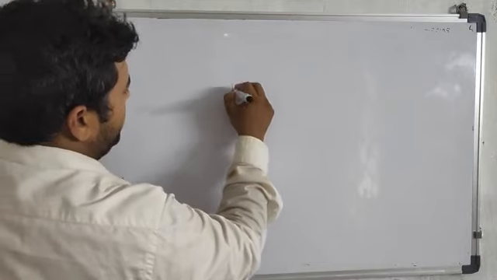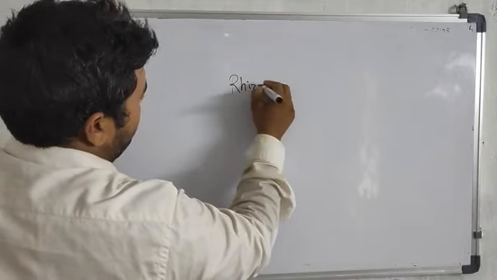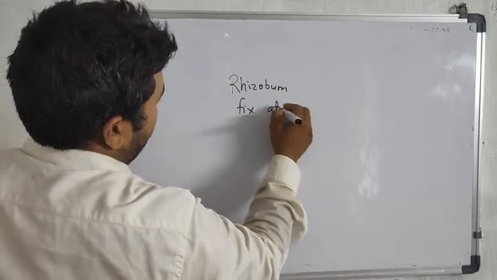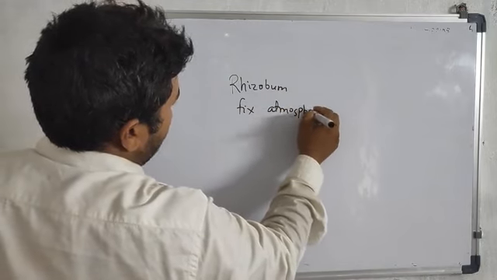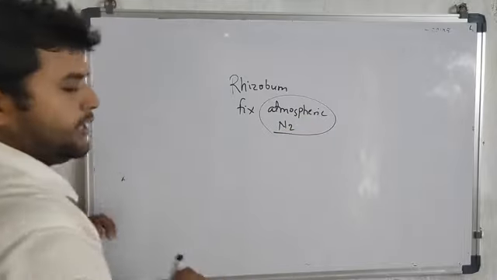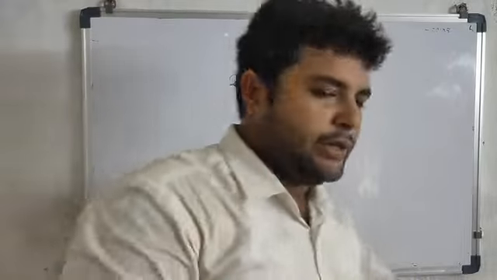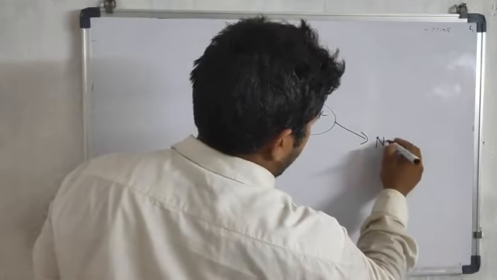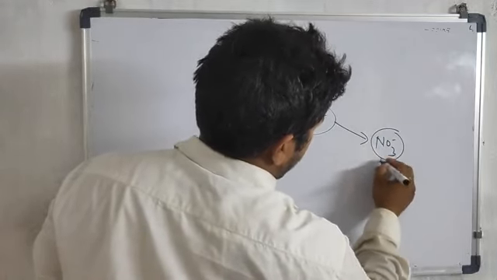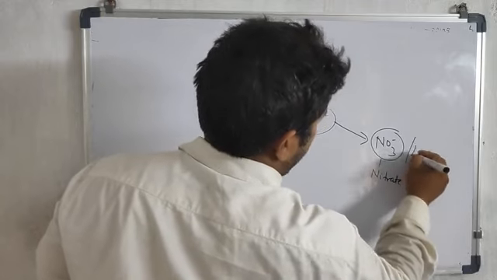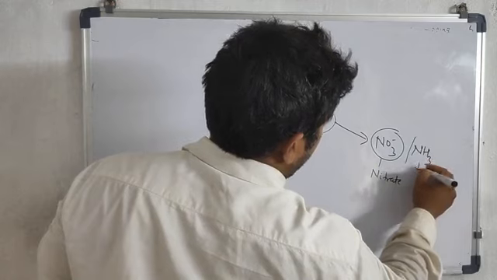As I have told you, rhizobium fixes atmospheric nitrogen, so they usually change this atmospheric nitrogen into a special form, that is nitrate or ammonia form.